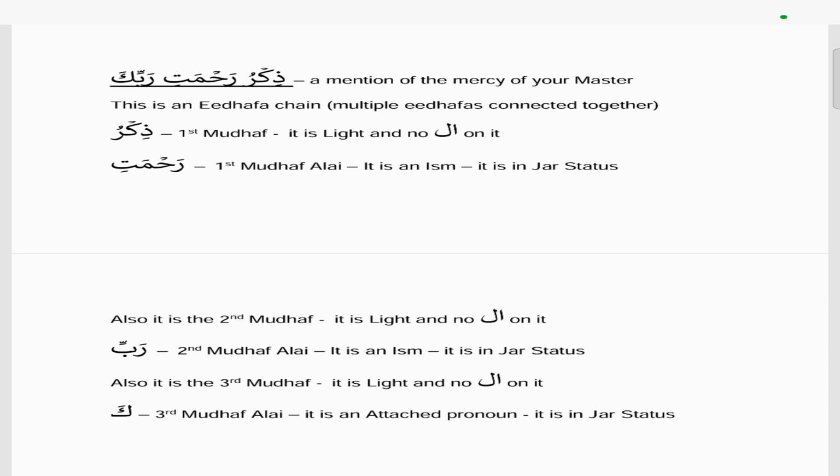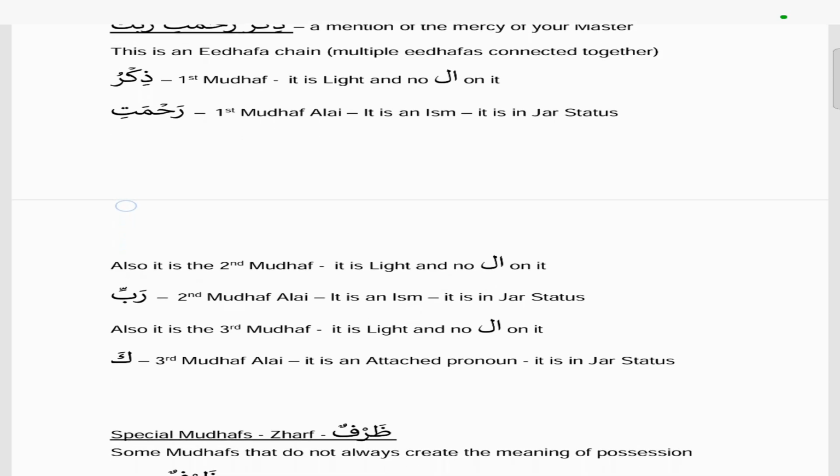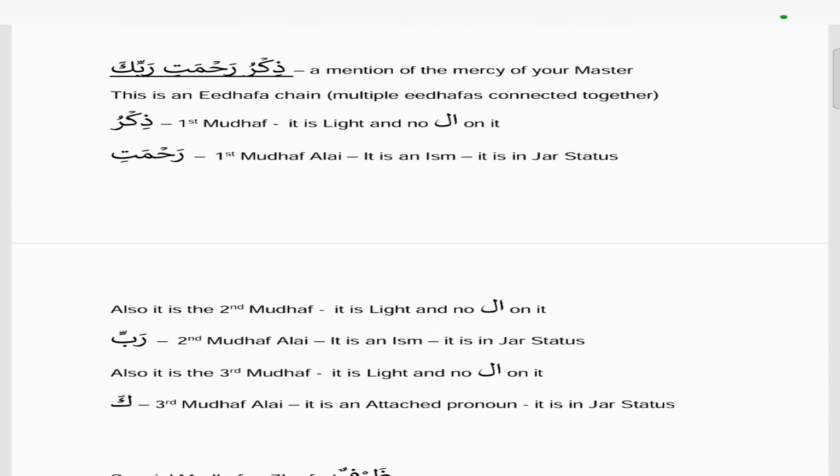And then rahmati is the first mudaf ilay. So it is an ism and it is in jar status because of the mudaf ilay, and in this case it's obvious because you can see the kasra. But rahmati is also the second mudaf, and if you look at it, it follows the two rules of a mudaf. It is light, the heavy version would be rahmatin, and there's no al on it either.